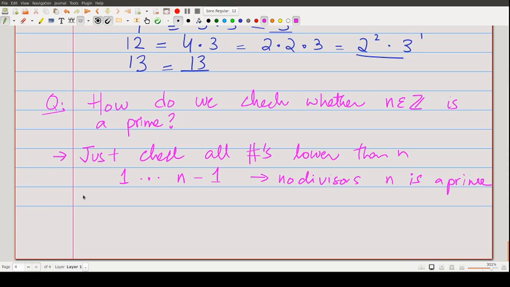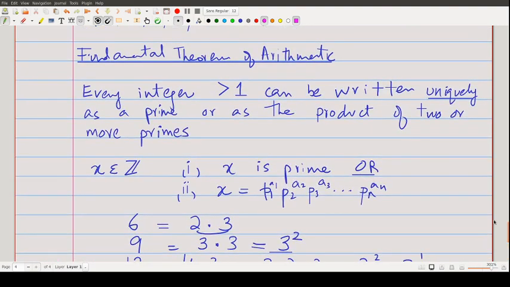But of course we don't need to do that. The next thing to notice is we don't need to check all the numbers, we need to just check all primes, because the fundamental theorem of arithmetic tells us that each number is either a prime or is divisible by some primes.